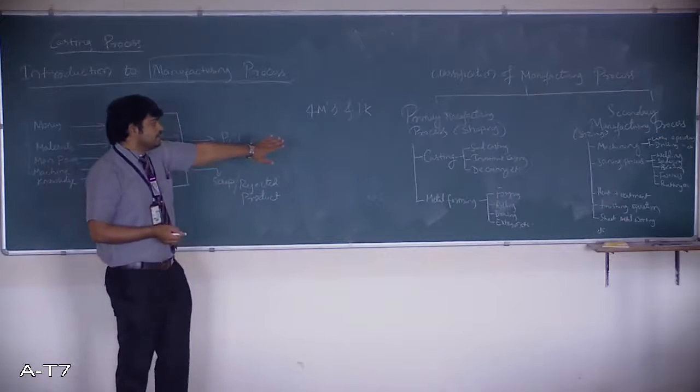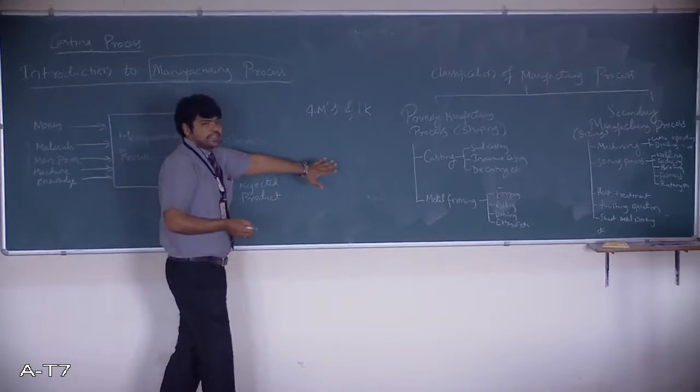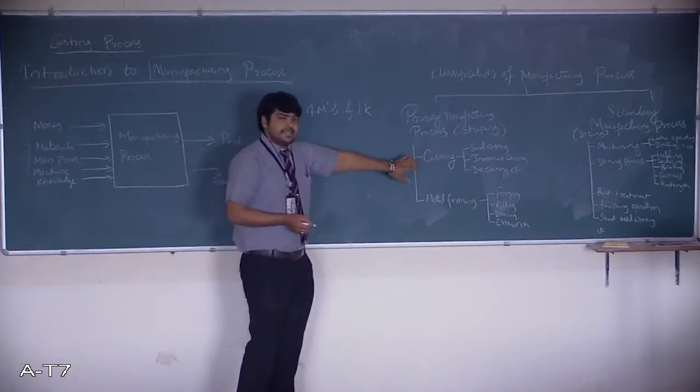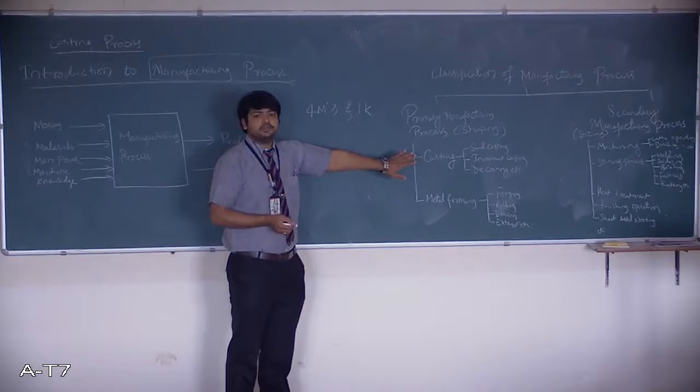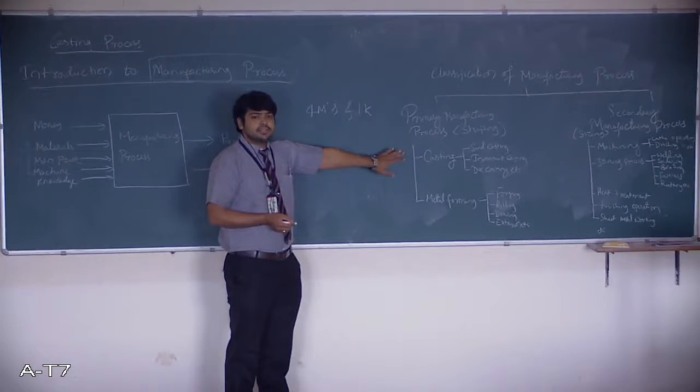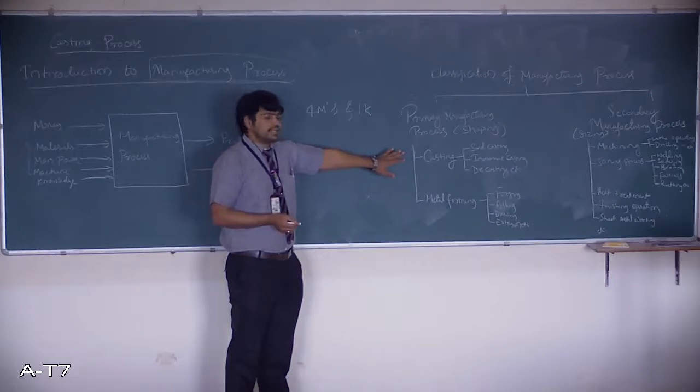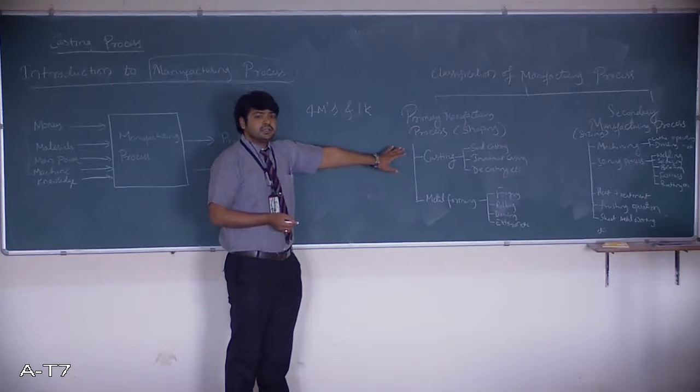The most basic primary manufacturing process is casting, and this is the most ancient technology known to human civilization. You can see n number of examples in ancient history for this casting process. The simple example I can give is the Nataraja statue that they used to make earlier.